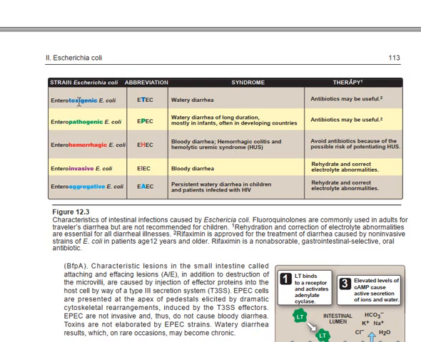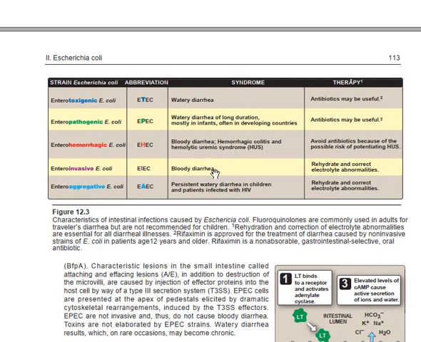The first is enterotoxigenic E. coli, the second is enteropathogenic E. coli, the third is enterohemorrhagic E. coli, the fourth is enteroinvasive E. coli, and the fifth is enteroaggregative E. coli. The abbreviations are ETEC, EPEC, EHEC, EIEC, and EAEC.